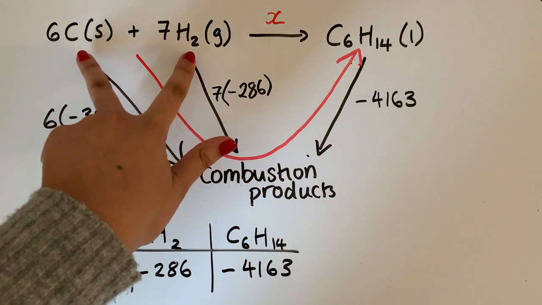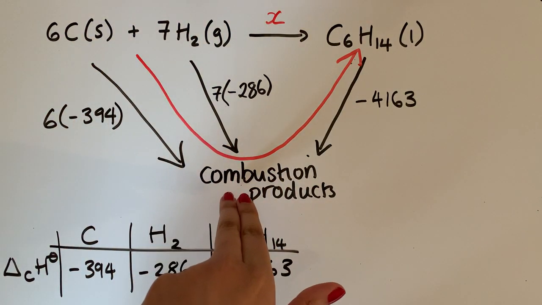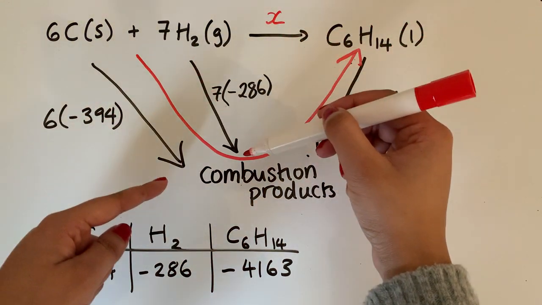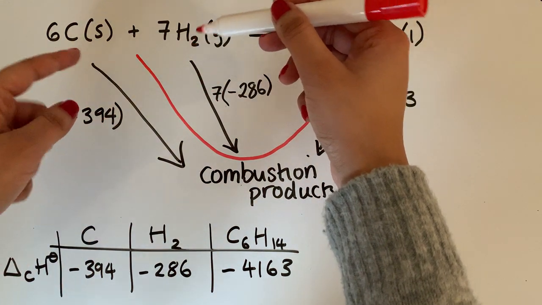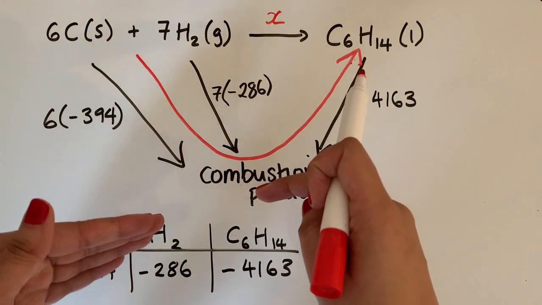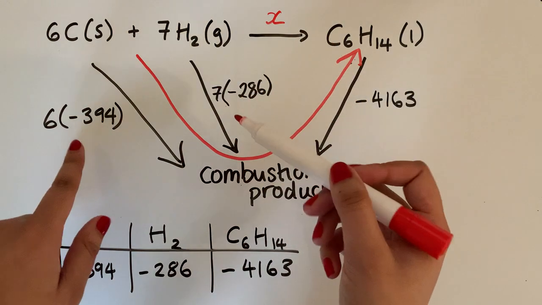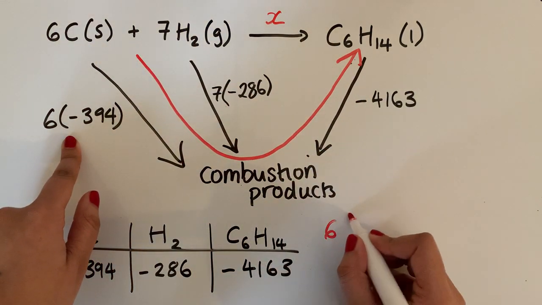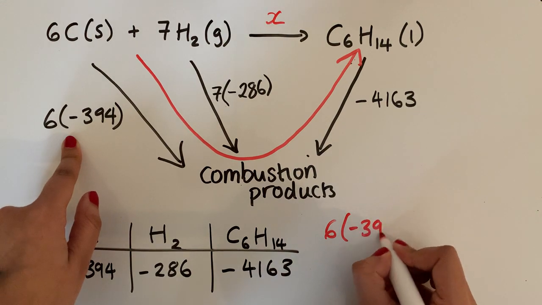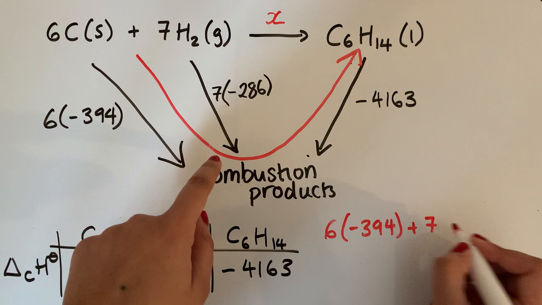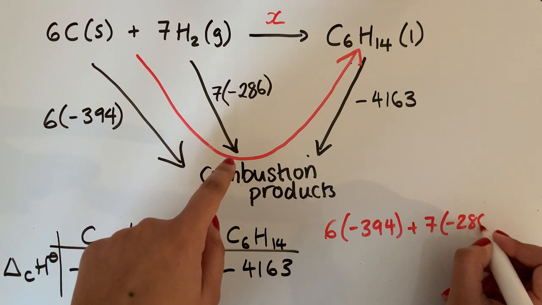We have to go from both these reactants down to our combustion products. As you can see, we're going in the same direction as the arrows, so the signs are going to stay the same, and all we're going to do is add up these two. If you have 2 arrows going in the same direction, you just add up those values. So going downwards, we've got 6 lots of minus 394, and also over here, add 7 lots of minus 286.